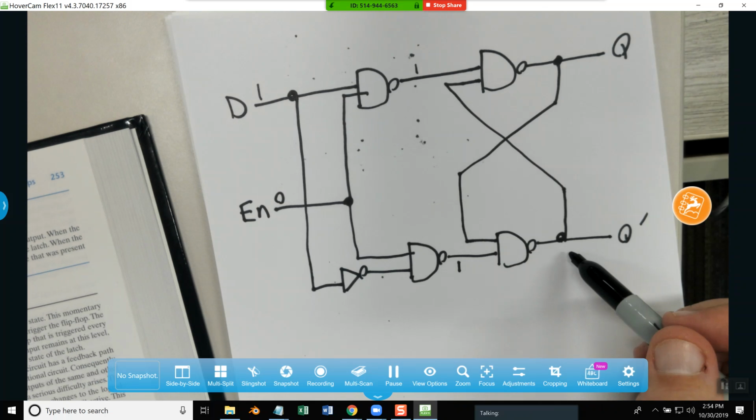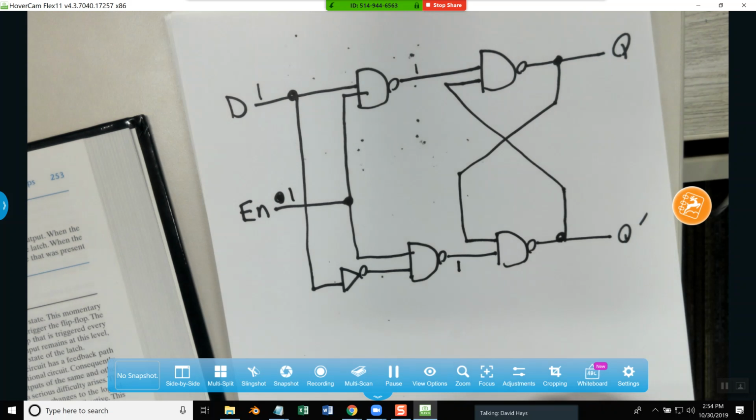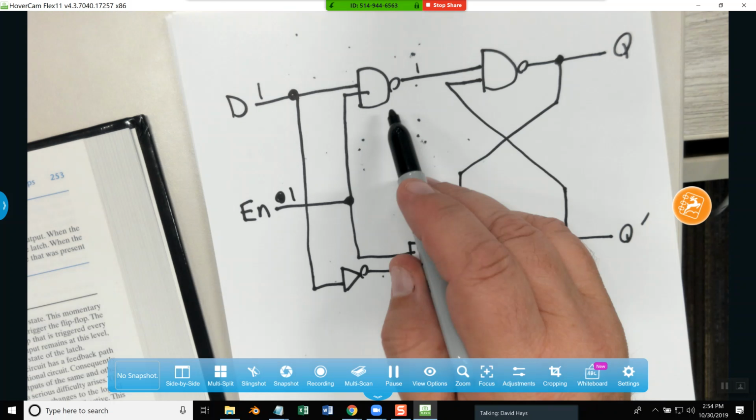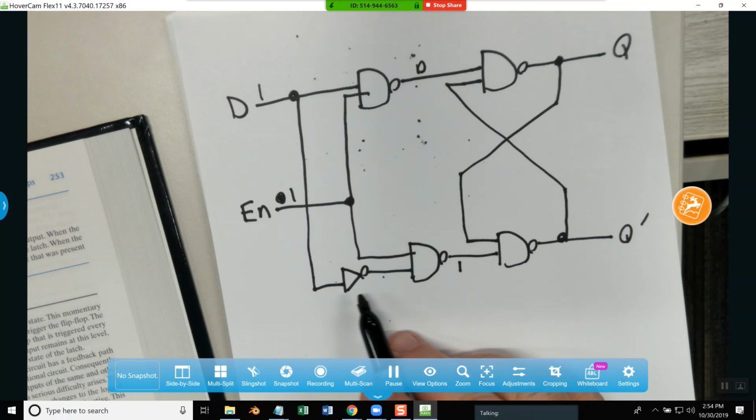Inverted becomes a 1. Okay, this doesn't say anything about Q prime. This is just saying about Q. Okay, so that makes sense. Because 0 times anything is 0, and then that goes to 1. Okay, I see what you're talking about. So Q equal to 1 is our set state.